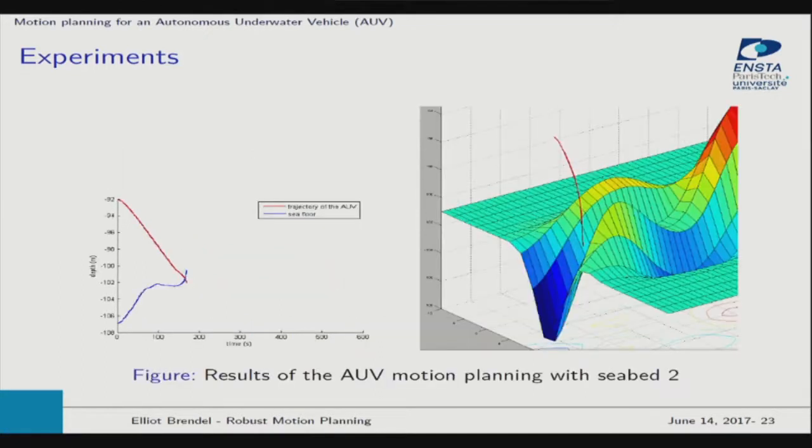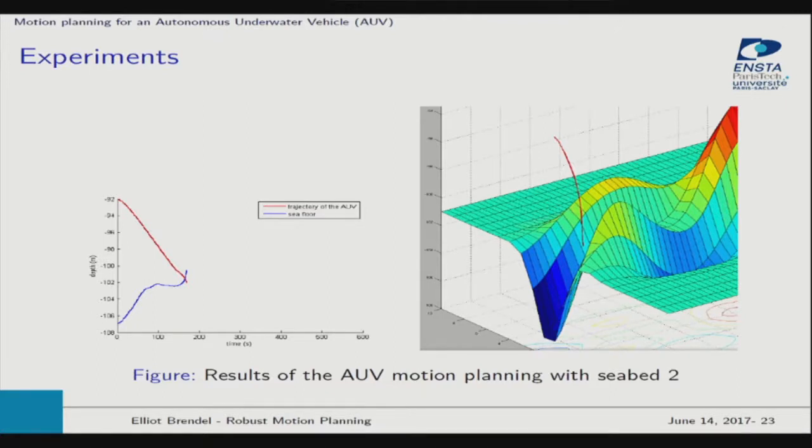And for the last seabed, it's a failure because the AUV dived too strongly and then hit the seabed. So we provided two solutions for this experiment.